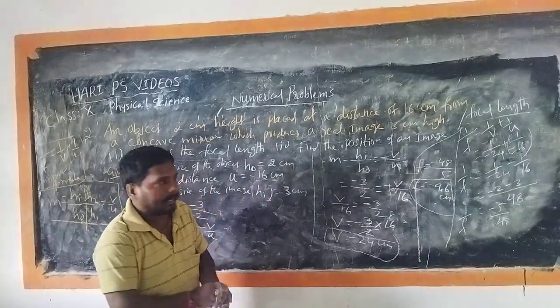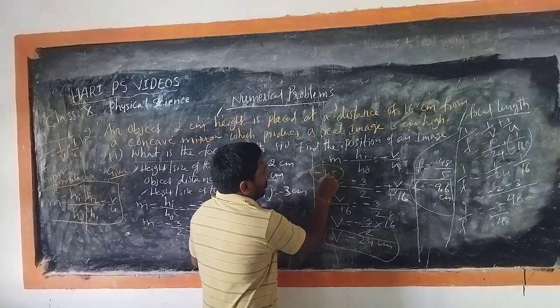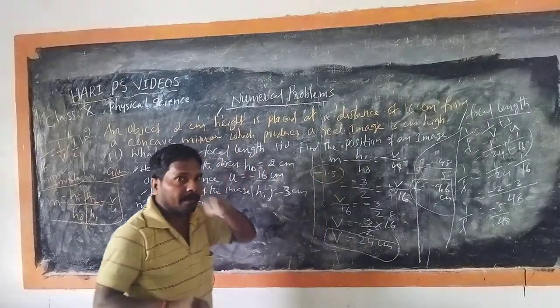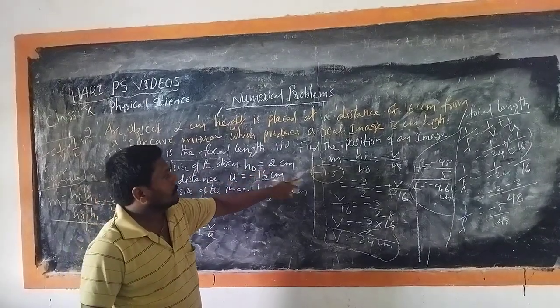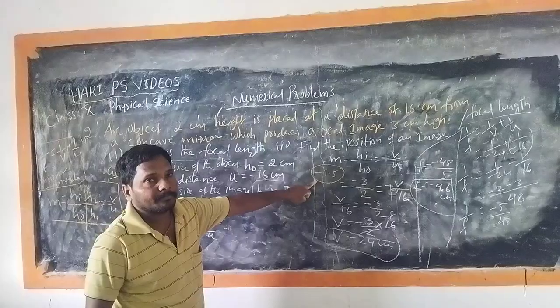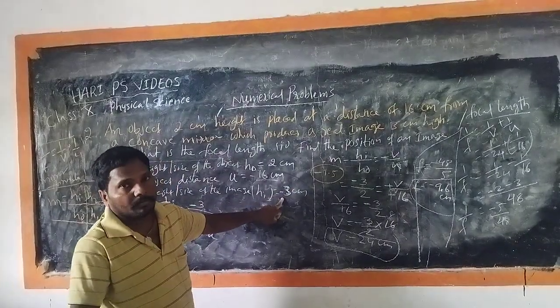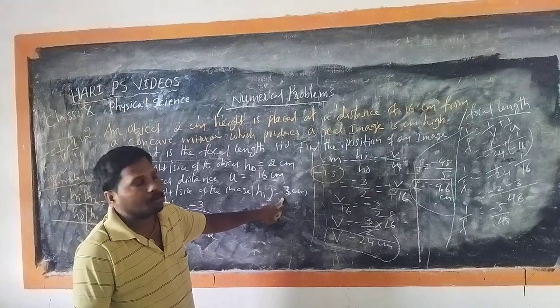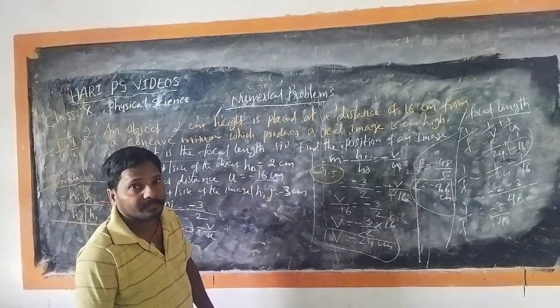Minus 3 by 2, and then we get minus 1.5. What is the size of the object? 2 centimeters. Then what about the size of the image? 3. So the size of the image is more than the size of the object, so a real and inverted image is formed.